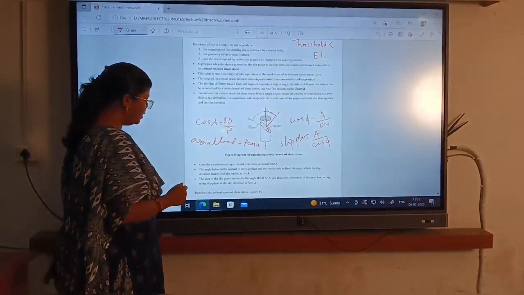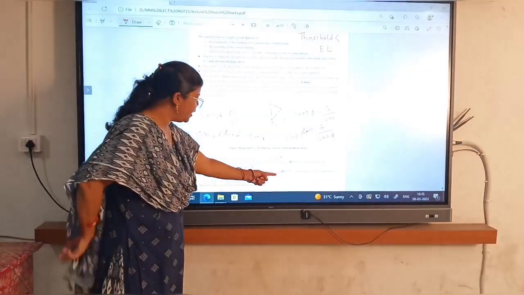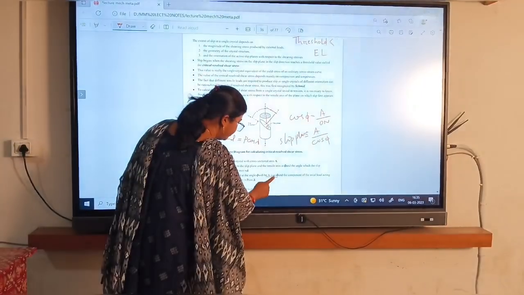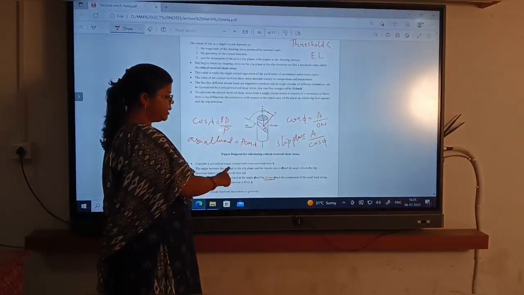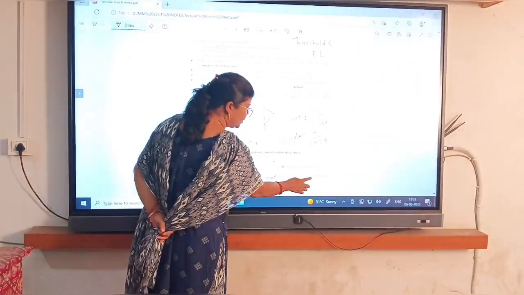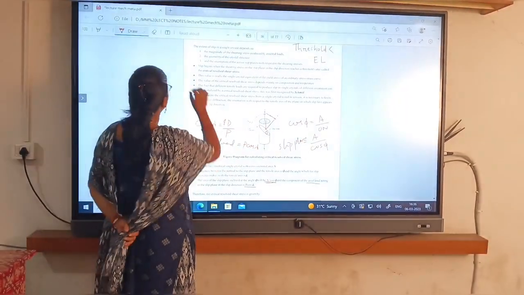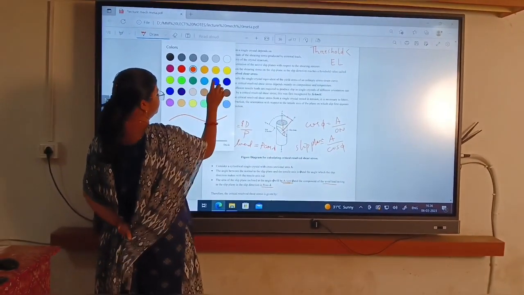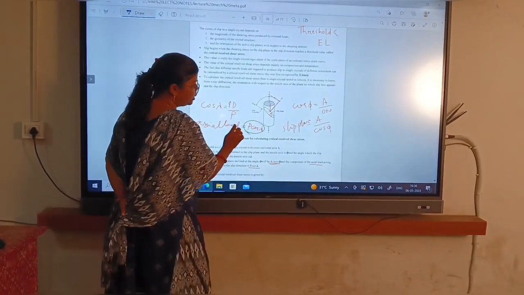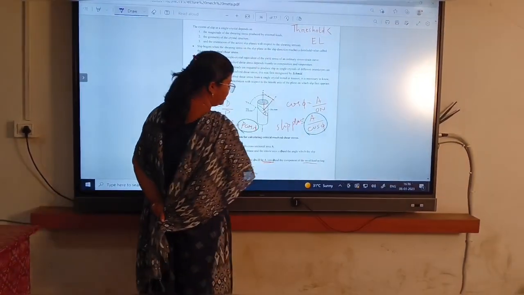Similarly, it is written here that A by cos phi is the slip plane area inclined at an angle, and the axial load is P cos lambda, which we have found from here and here.